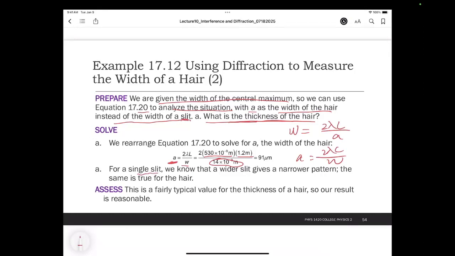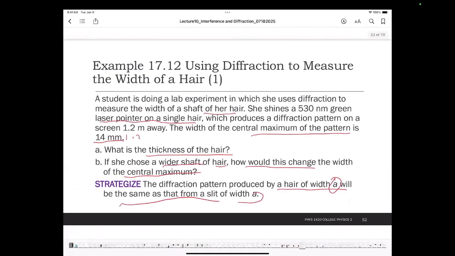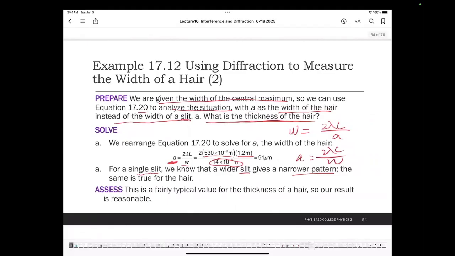Yeah, for a single slit, we know that a wider slit gives a narrower pattern. The same is true for the hair, which means if we choose a wider hair, it will give a narrower pattern.